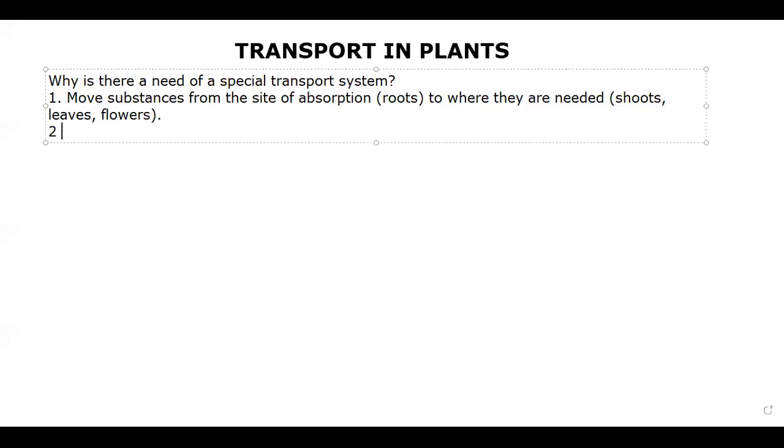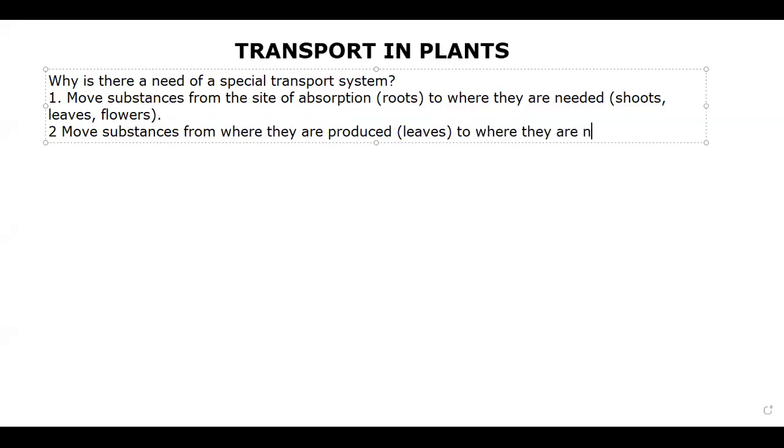Then I also need to move substances from where they are produced. That would be your leaves. Leaves are the primary site where you actually make your glucose. So move substances from where they are produced to where they are needed for metabolism.